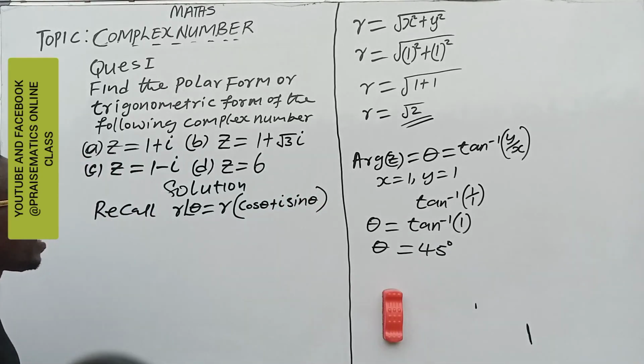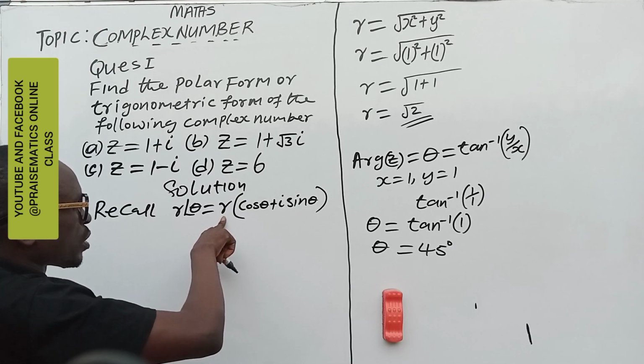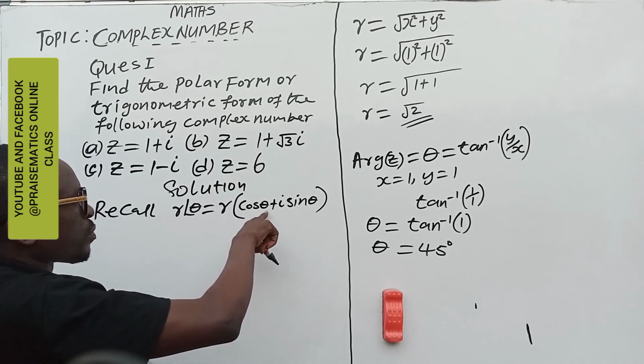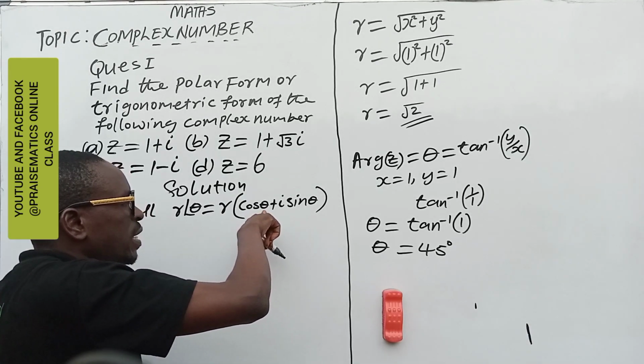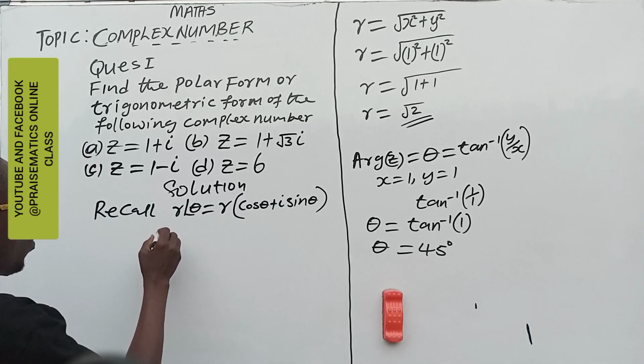This is the formula. That is what we call the polar form or trigonometric form of a complex number. We have succeeded in getting our r. We have succeeded in getting our argument, which is theta. So we need to substitute them. Finally, what do we have now?